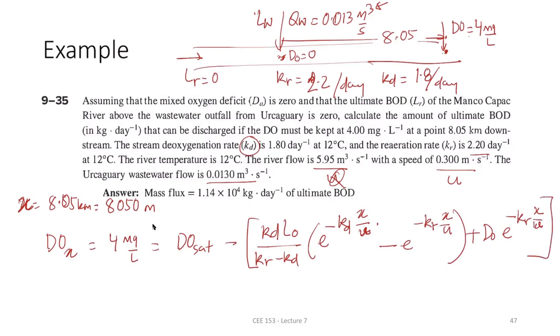Again, D0 is the initial deficit that's written here. The initial deficit is 0, so this term is 0. Okay, because D0 is 0. So that's what is given here.